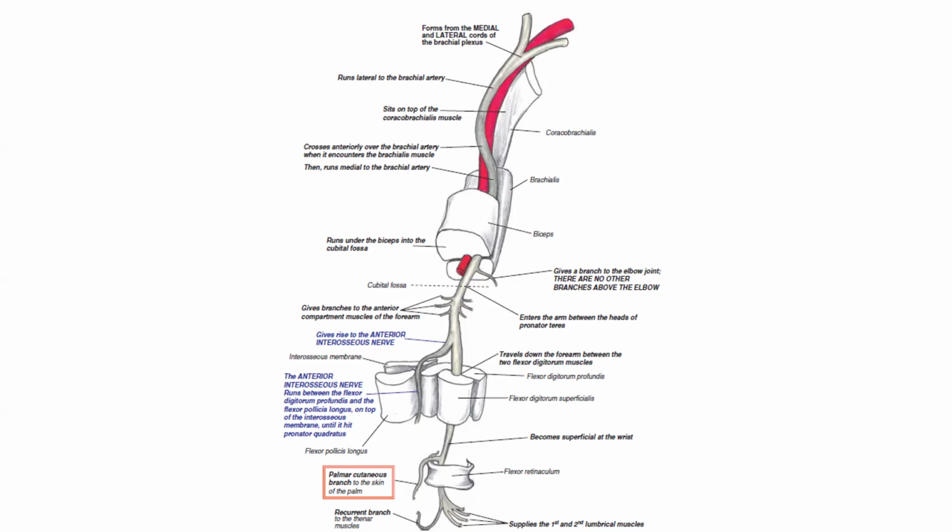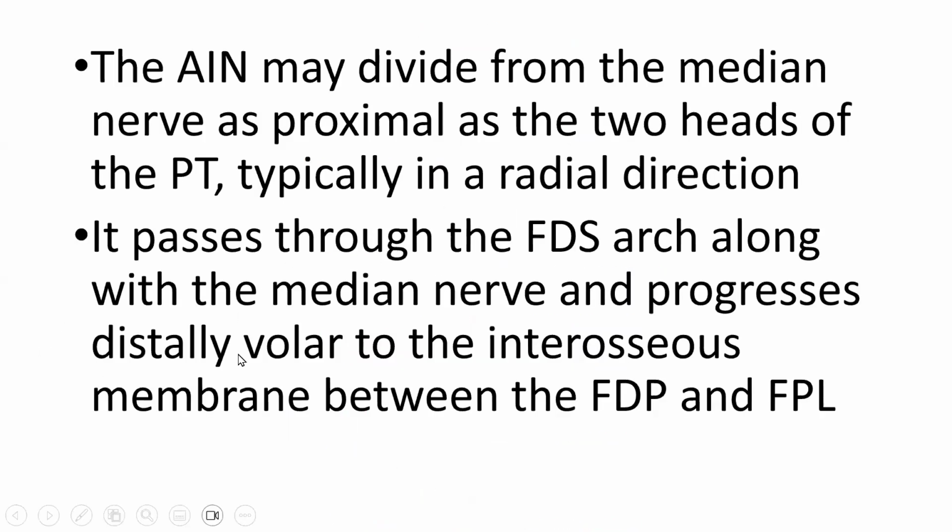The anterior interosseous nerve passes deep to the sublimis arch and then supplies a portion of the muscles on the palmar aspect, while the median nerve will supply another portion. So this is about the median nerve. You can have compression at various sites, at the pronator teres zone, or at the supracondylar process.